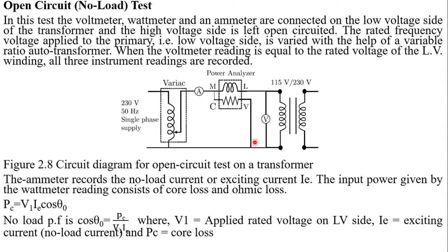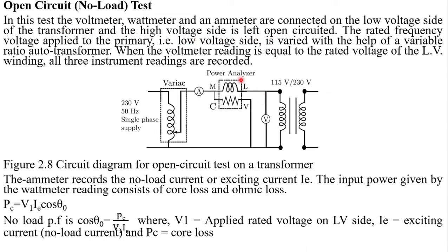Now we are going to deal with the open circuit test. In this test, voltmeter, wattmeter, and ammeter are connected to the low voltage side of a transformer, and the high voltage side is left open.